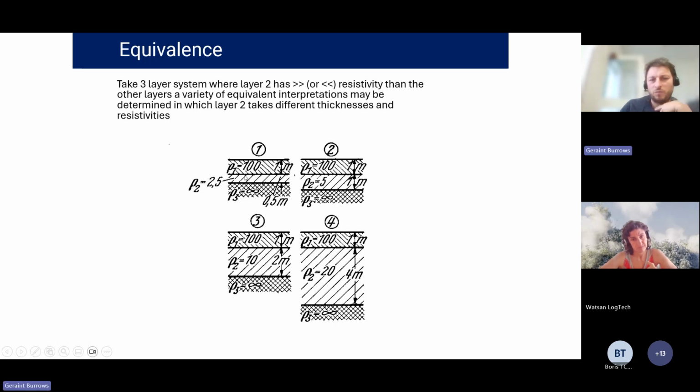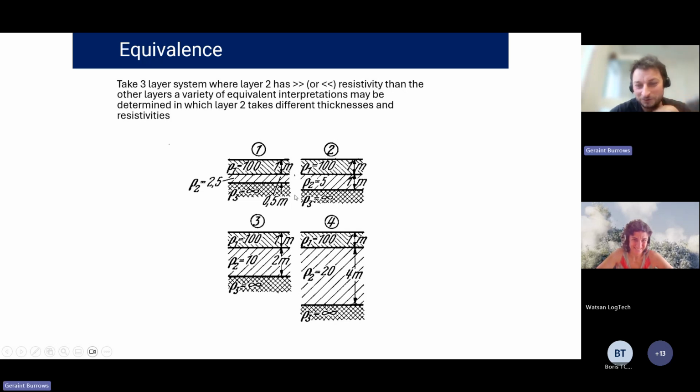The point here is that the thickness of layer 2 could be half the distance and double the resistivity. Sorry, half the resistivity, or it could be double the thickness.